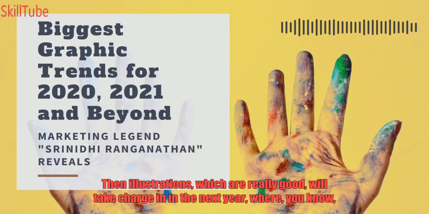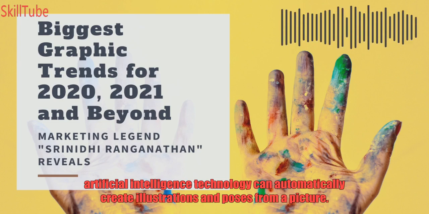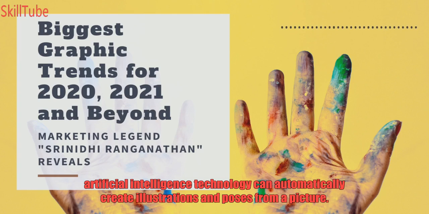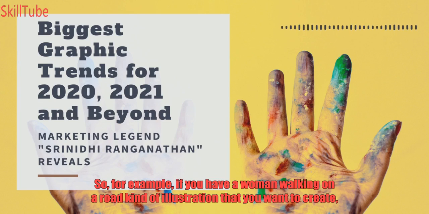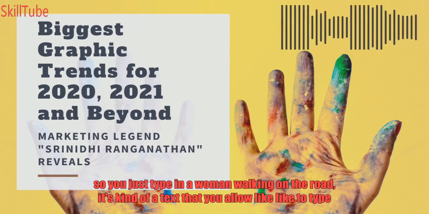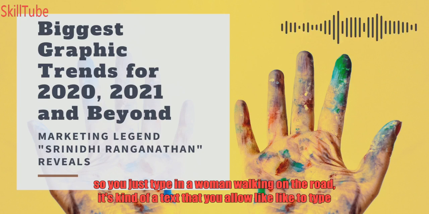Then illustrations, which are really good, will take charge in the next years, where artificial intelligence technology can automatically create illustrations and poses from a picture. For example, if you have a woman walking on a road kind of illustration that you want to create, you just type in a woman walking on a road.